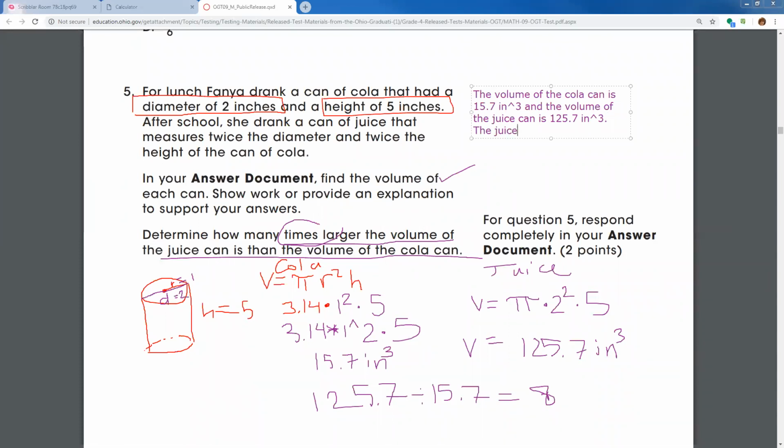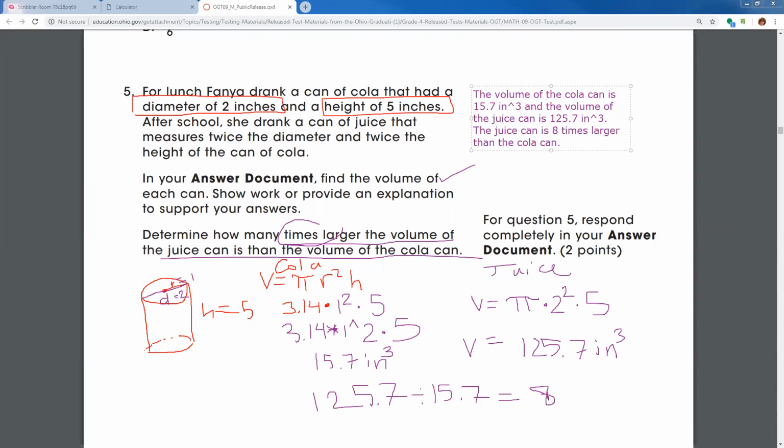The juice can is 8 times larger than the cola can. So some sort of complete sentence stating all the answers and what they specifically are. If you just say the volume is 15.7, they'll be like, well, the volume of what? So you just have to be pretty specific to make sure they know you know what's going on.